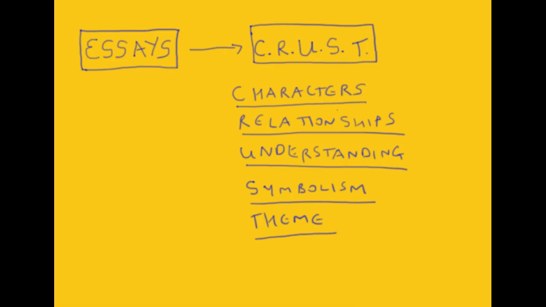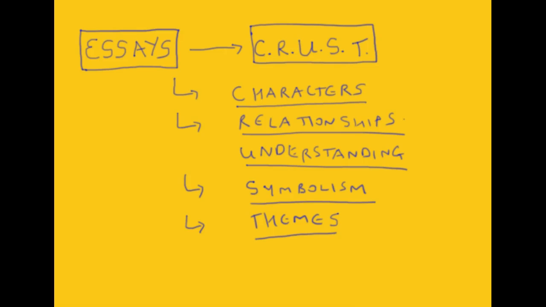Now, when you come to write essay questions, you're typically going to have to write an essay on something along the lines of these different areas. So the examiner might ask you to explore the themes that are being used in the set text. You might have to look at some of the symbolism which is used in the text, if there is some.